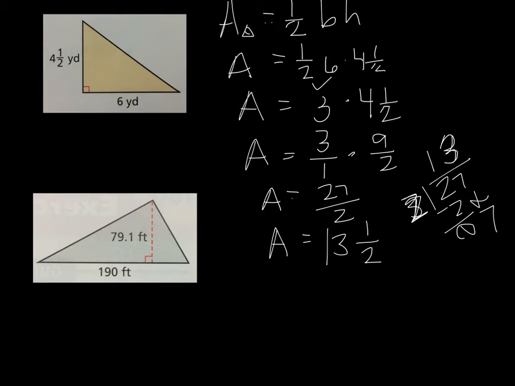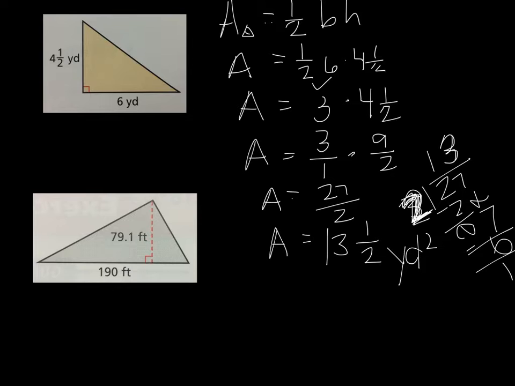Bring down my 7. It's going to go in there 3 times. I'd have minus 6. I have 1 left over. 1/2 is my remainder. So our area is going to be 13.5 yards squared. All right, now I'm going to move all this up so I can do my next one.